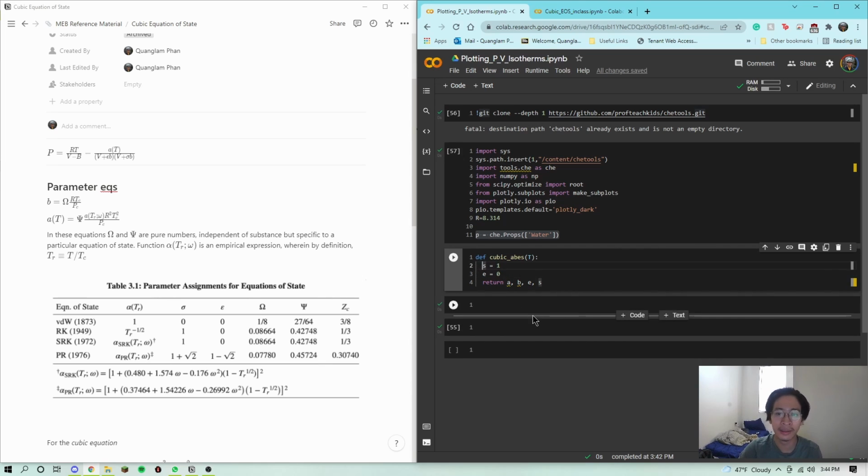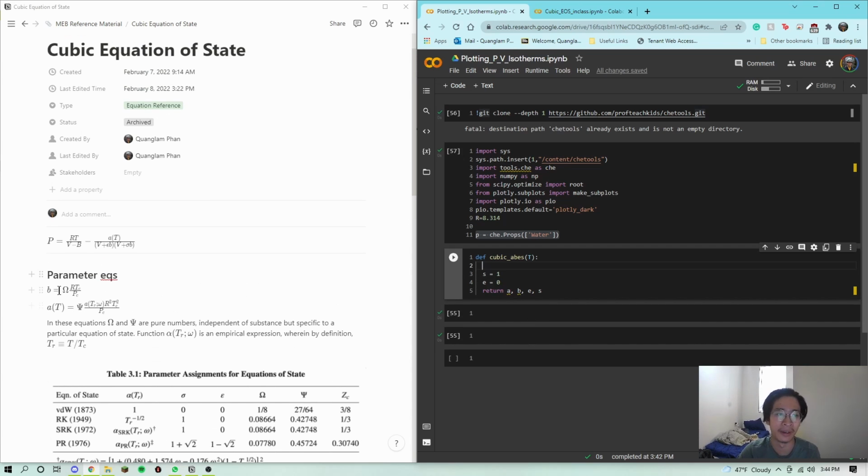Next, let's look at the second easiest thing to define. B. B is equal to capital Omega R T_C over P_C. Okay. B is equal to Omega times R times T, P dot TC, or am I doing that wrong? Oh, I did do that wrong.